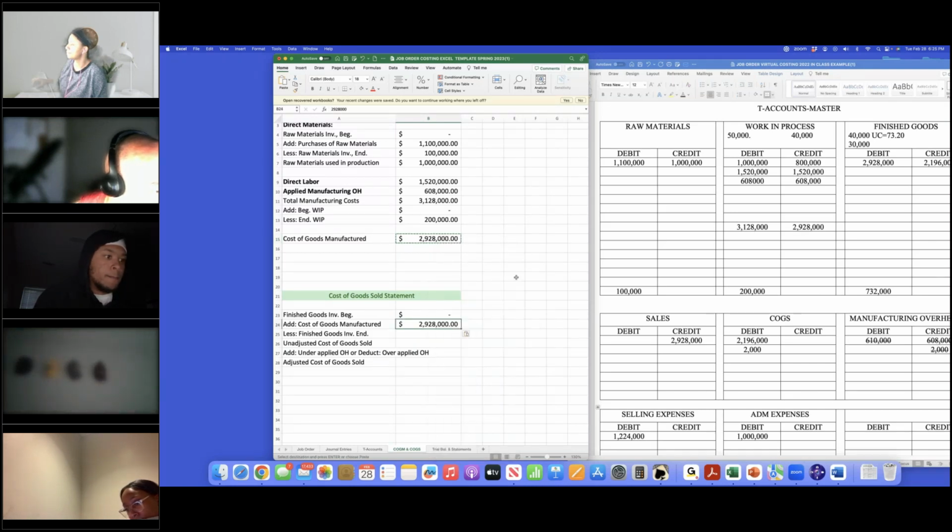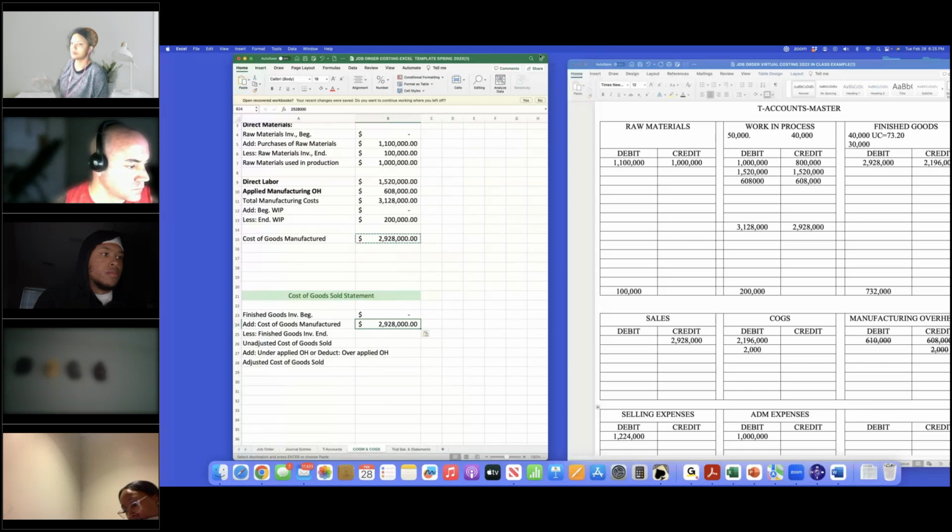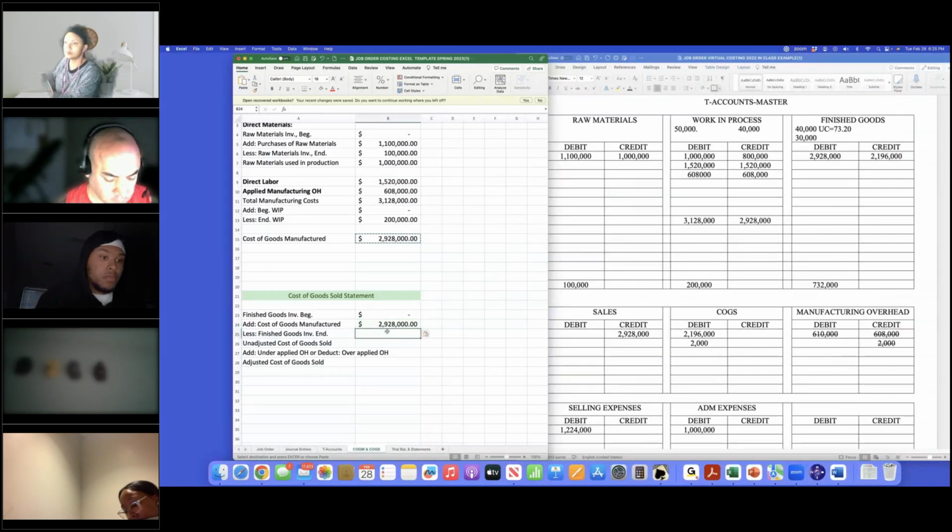Then we're going to subtract out the finished goods inventory. We said the finished goods inventory was 732,000. And therefore, the unadjusted cost of goods sold was 2,196,000.